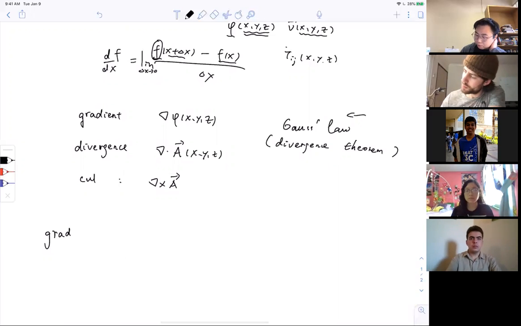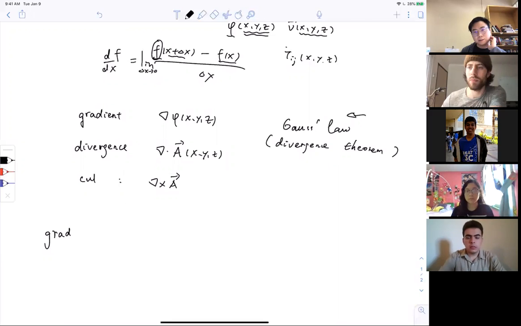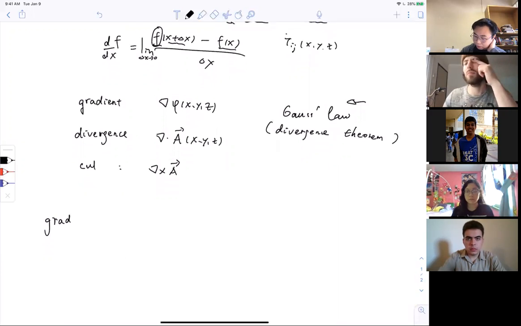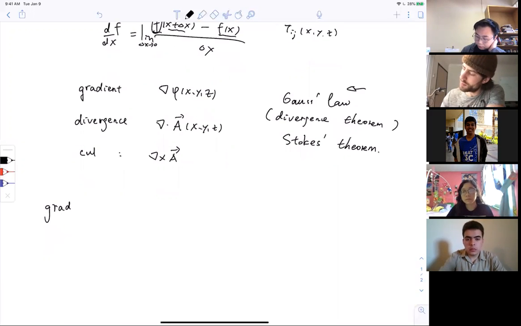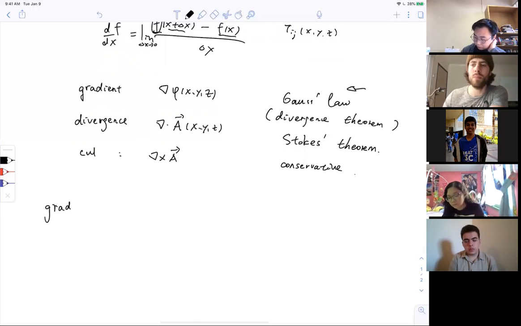I think you should know something about this one, since you took a 1B physics class. Also Stokes' theorem, and also the concept of conservative force or non-conservative force. Things like that.